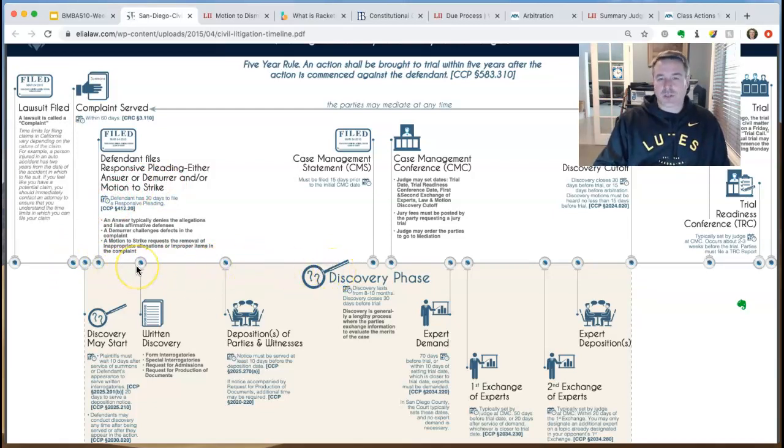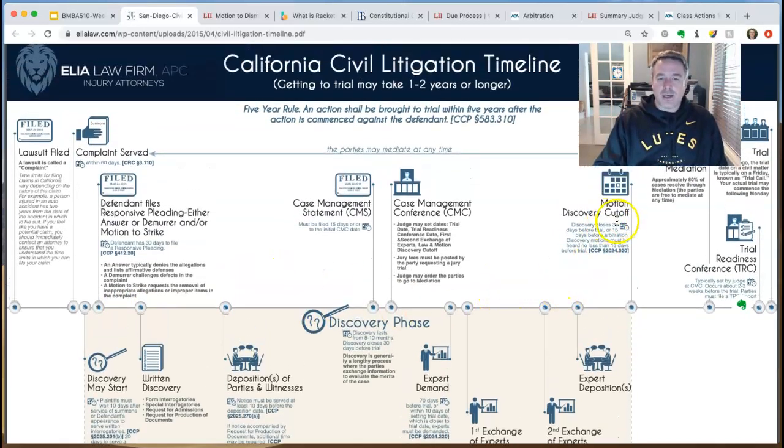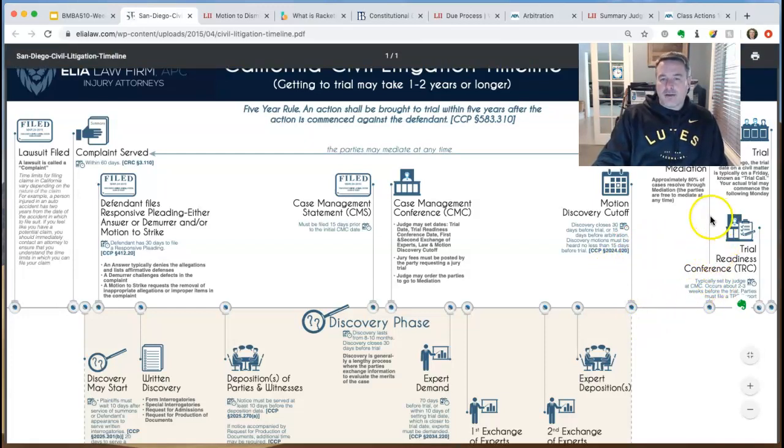Discovery is where you collect information about the case and get ready for trial. And then when discovery is cut off, that's when you would have your motion for summary judgment. And then if you're going to try to settle it, you have your mediation to do that. And then you have one last meeting with the judge, and then you go to trial.